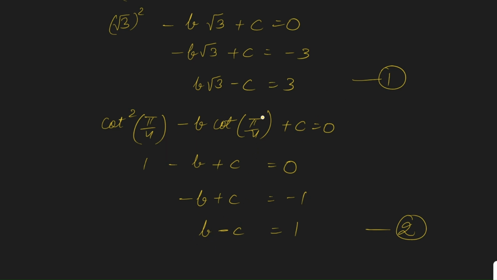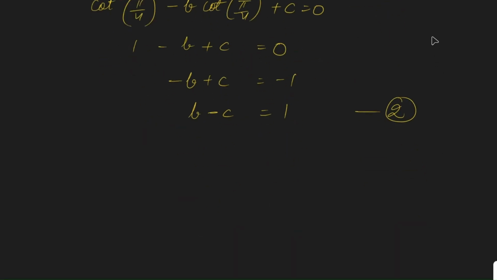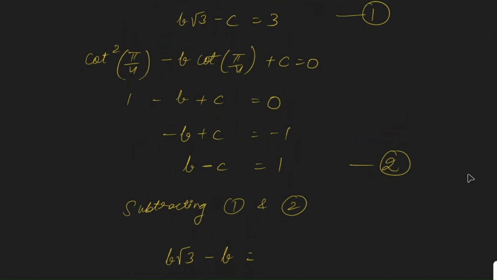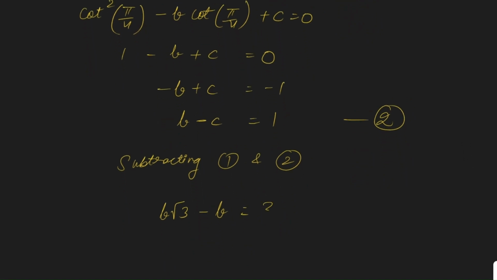Now we can just simplify these linear equations in b and c. Let's subtract both of these equations, and when we subtract, the c will cancel out. So we are subtracting 1 and 2. So b root 3 minus b should be equal to 3 minus 1.